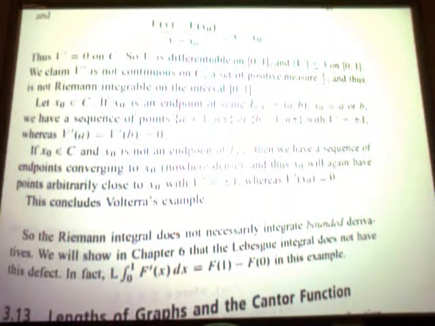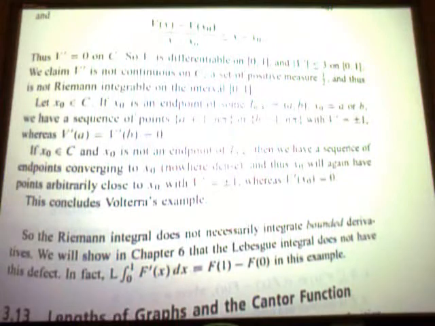It seems to me like the whole construction is painting as many oscillations as possible onto the Cantor set. Where there are those oscillations, that's where the derivative isn't continuous.